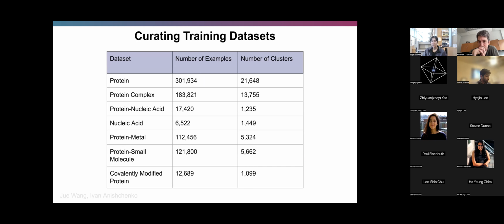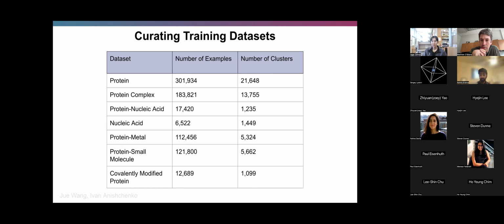And in PDBbind and BioLiP you can often lose some information about biological assemblies, like when there are multiple of those. I think there might be encoded information about covalent bonds going across small molecules, or from small molecules to proteins, but it wasn't as clear how to extract those.